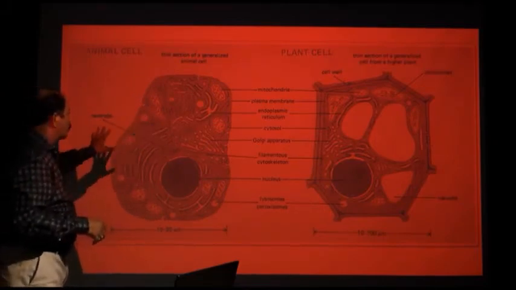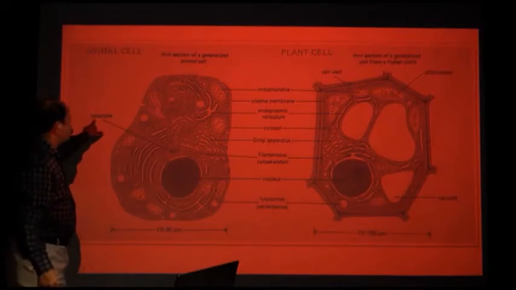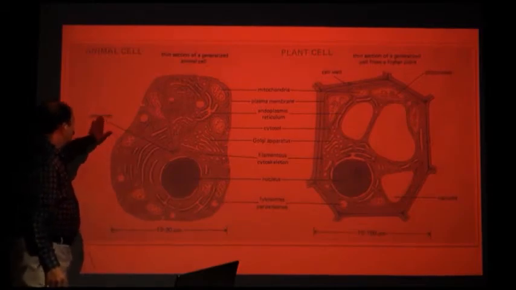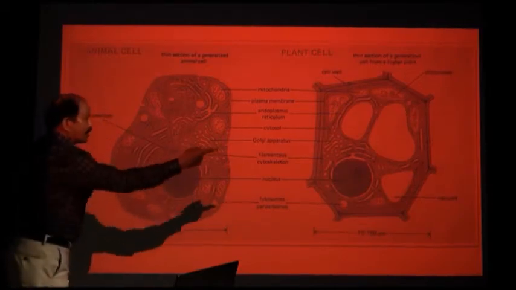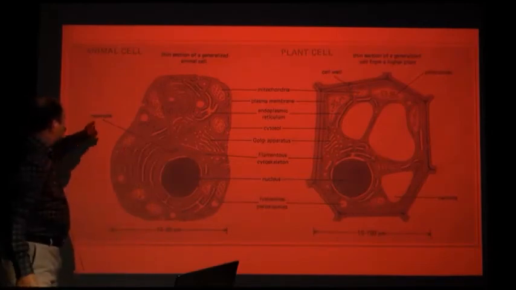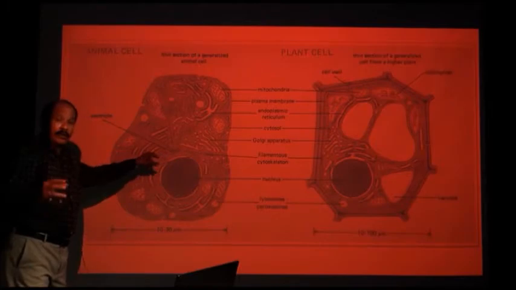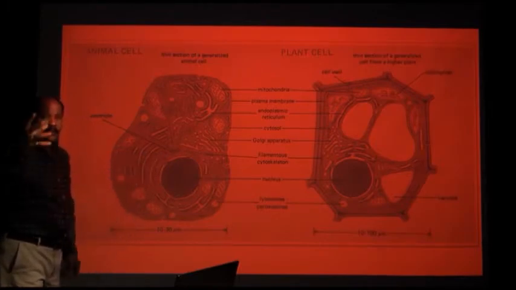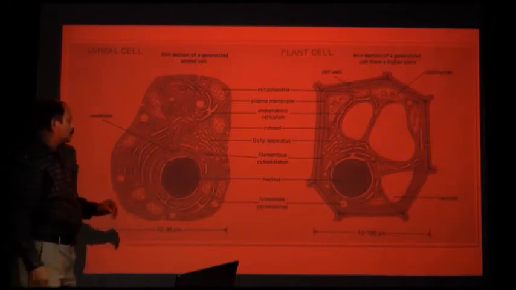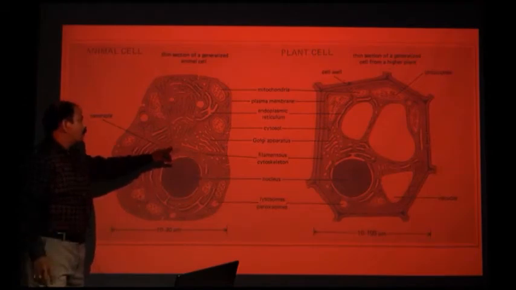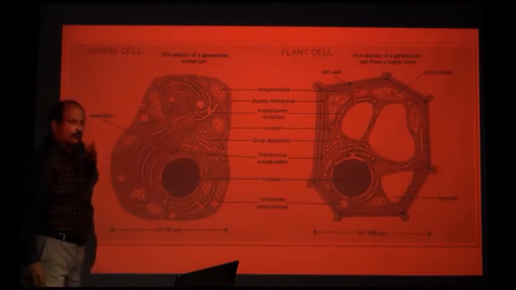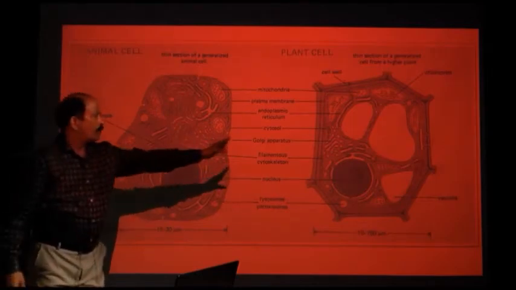Not bounded by a cell wall. You can see the centriole, the labellings to the left side or to the right side, they are unique to the cells. Centriole is unique to animal cells. Centriole and centrosome are unique to animals. They are the site of formation of microtubules. Such structures are not found in plant cells.